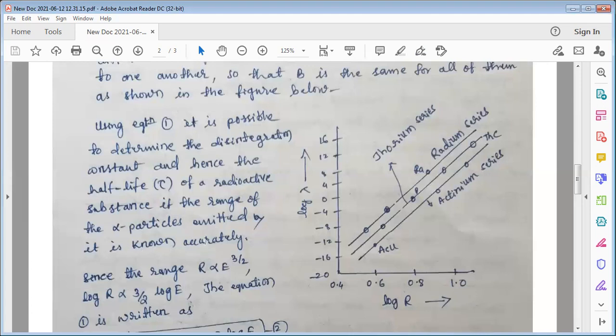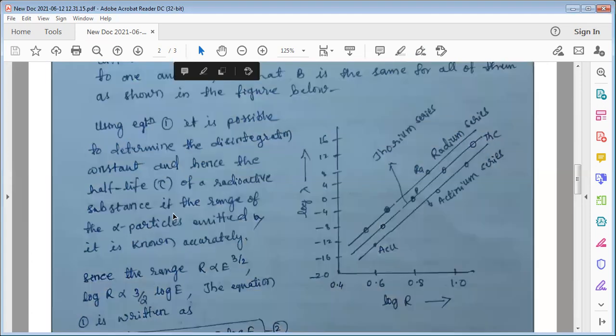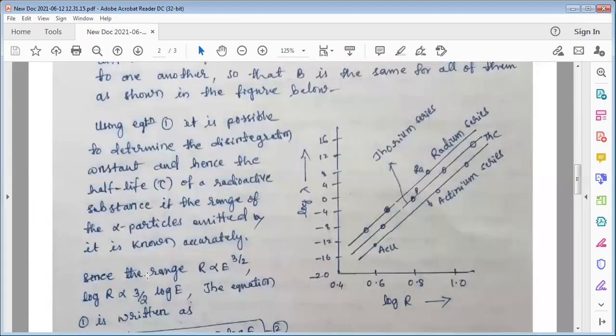So this is the use of equation 1 or the Geiger-Nuttall law. That means if we know the range of the alpha particles, we can calculate the disintegration constant lambda and the half-life of that particular radioactive element.